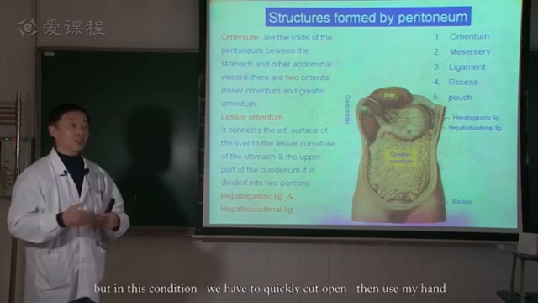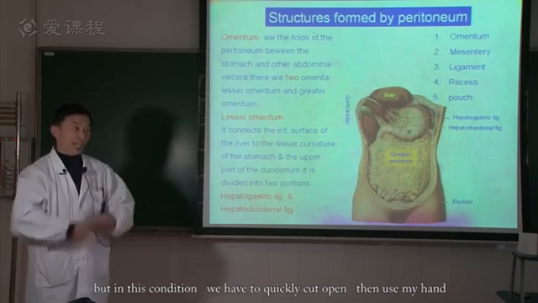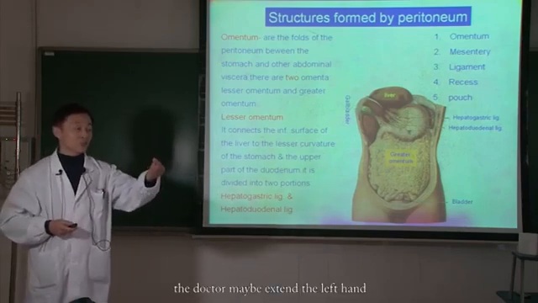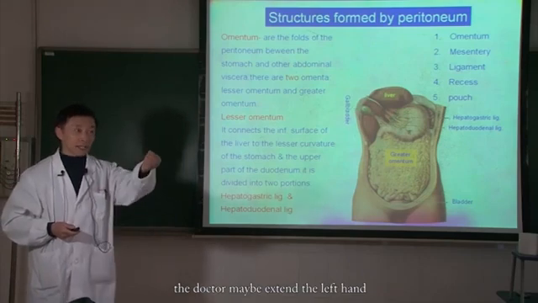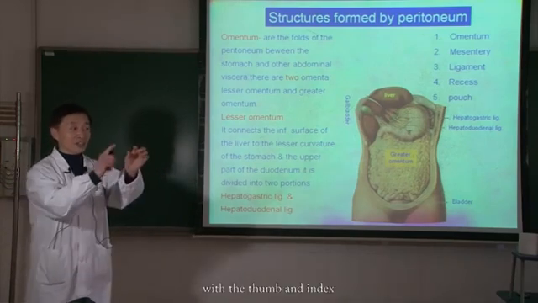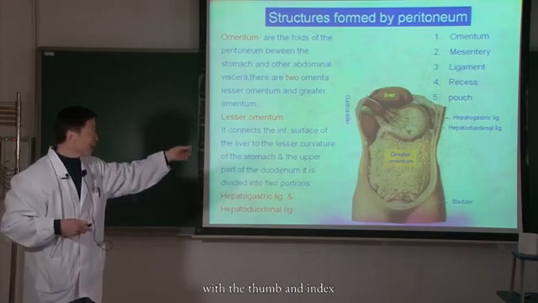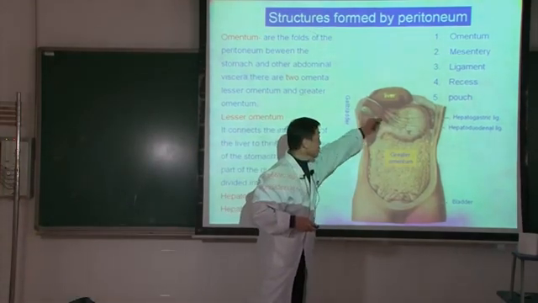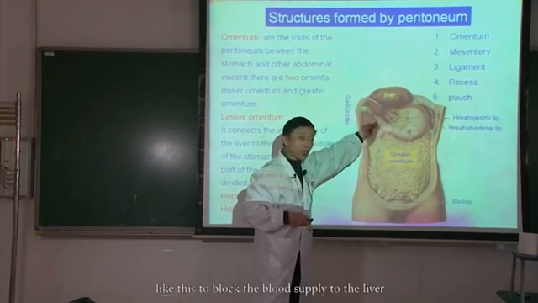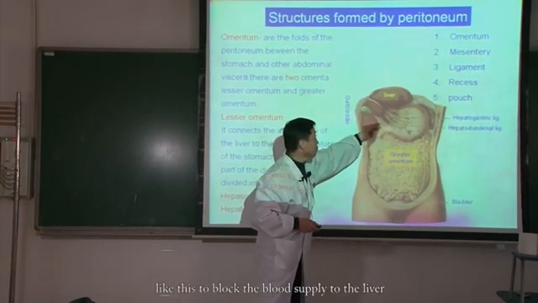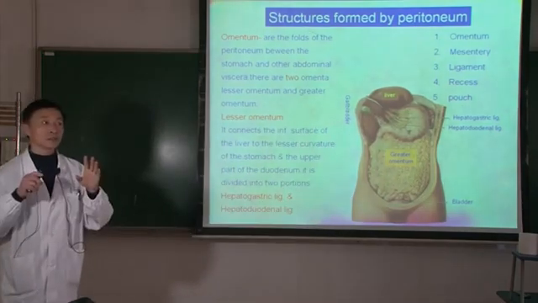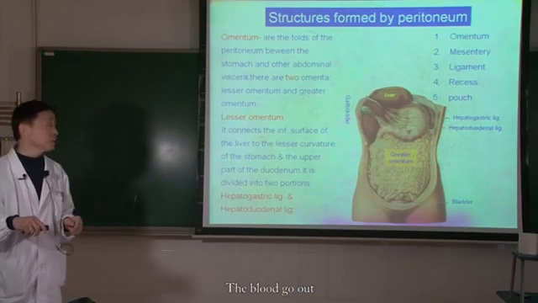In this condition, we have to quickly cut open. Then the doctor may extend the left hand with the thumb and the index finger like this to block the blood supply to the liver, so the blood stops going out.